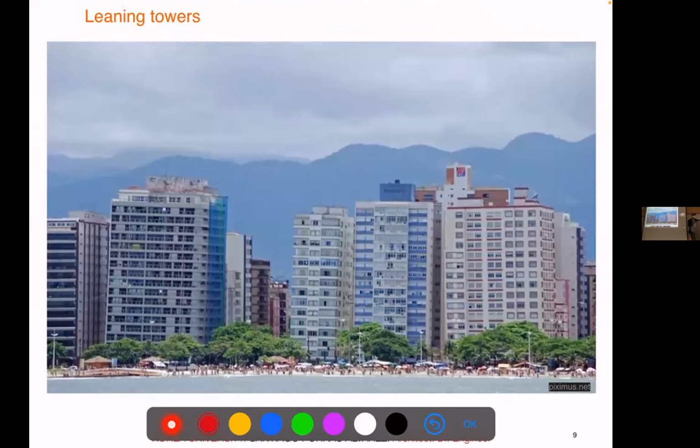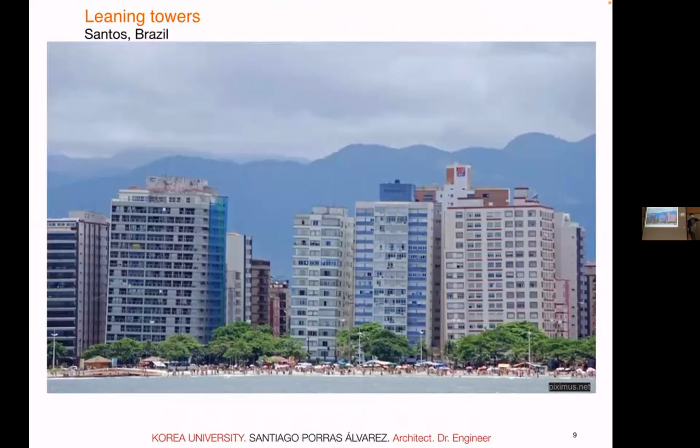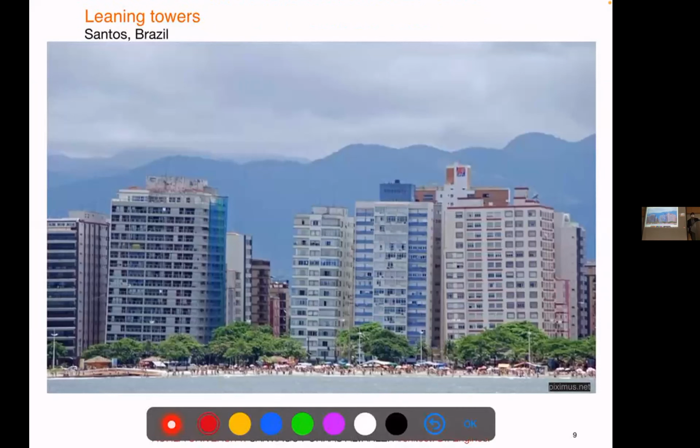This is a town in Brazil, Santos. And actually, we had a few years ago an exchange student here, and he asked about this. And of course, they are worried, because if that continues, buildings may eventually collapse. So the question was, how will they collapse, right? Well, we don't know. Probably they will rotate and fall on themselves, which is the worst case.